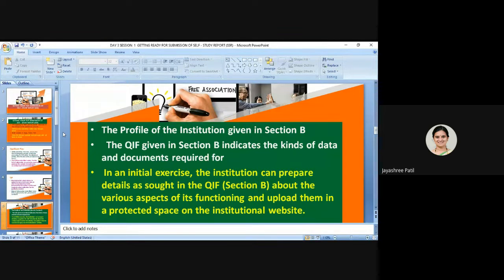We have taken care of all the diversified students, other than the home university, other than the Maharashtra state, and all other things. If the seat matrix is not properly defined as per the requirement of SSR, you will be in trouble. No, it is properly defined.